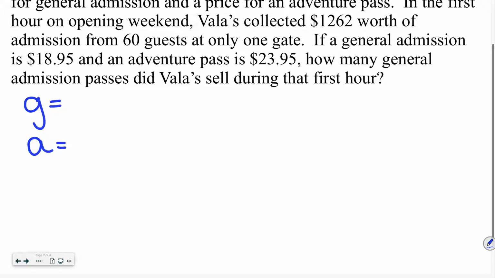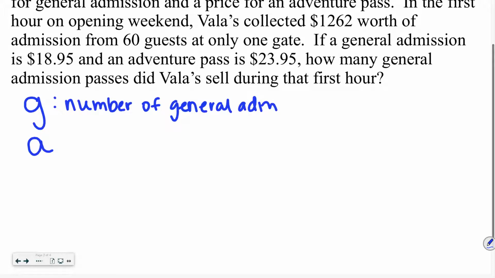Okay. So I'm going to define my variables. G is going to be the number of general admission tickets. Right, general admission. And then A, is it adult, correct? Adventure.